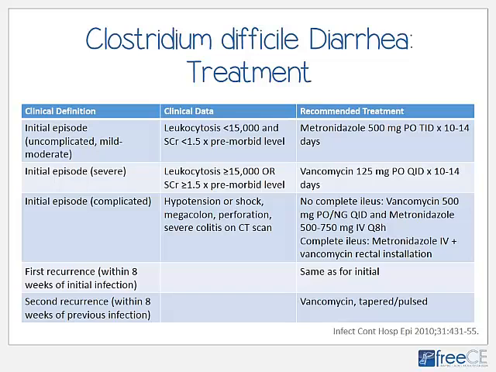But again, there's no specific data to say you specifically need to go with vancomycin. And I haven't found any recommendations out there from any societies that recommend that as well. So certainly you could go with metronidazole and not be wrong.